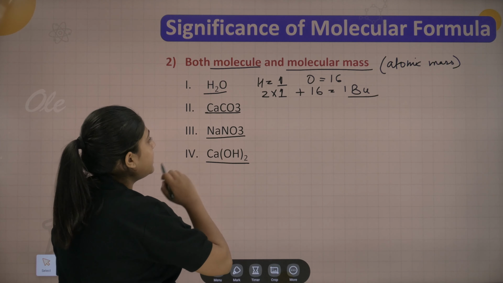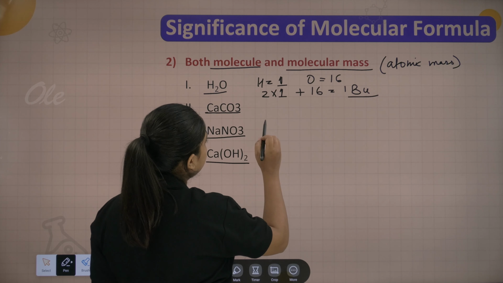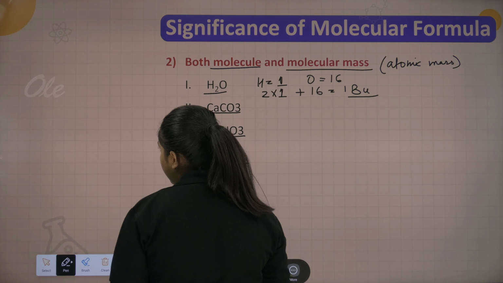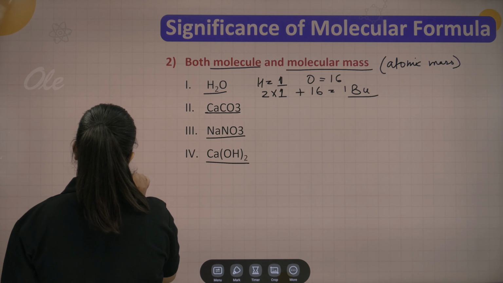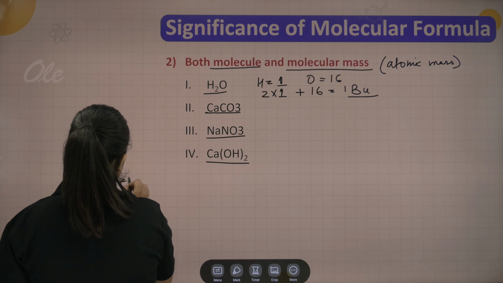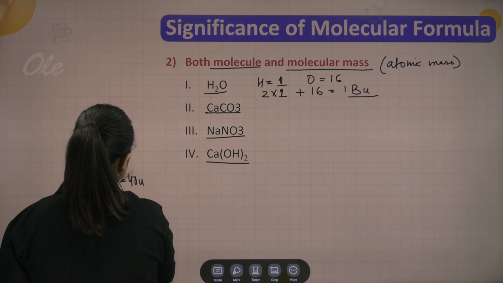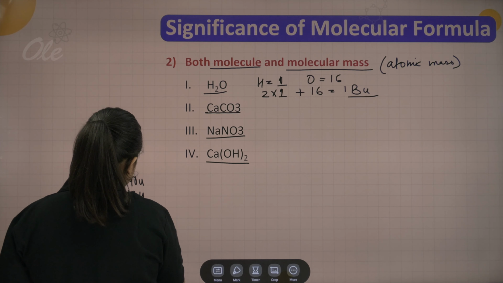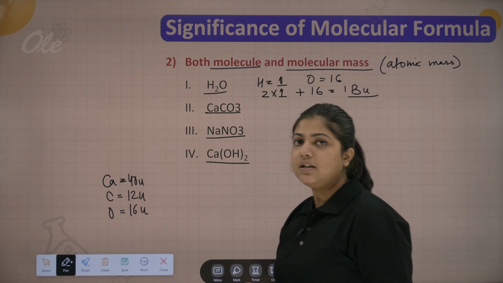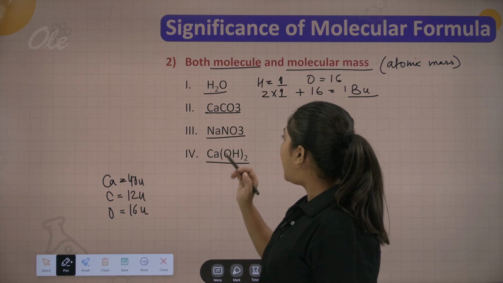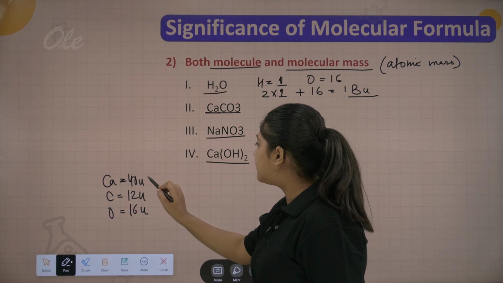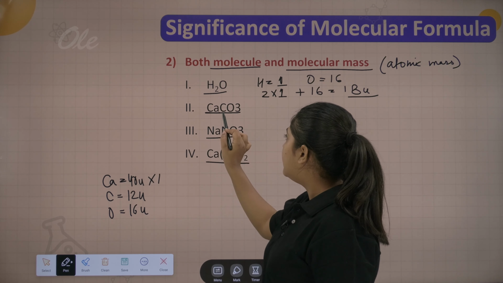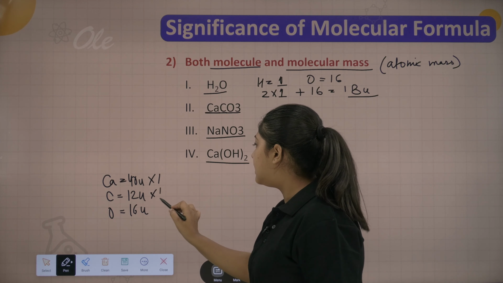If I calculate for calcium carbonate, the atomic mass of calcium, Ca, is 40 U, for carbon it is 12 U, and for oxygen it is 16 U, as you can see here. Now, how many atoms are present? Only one atom of calcium is present, so you will multiply by 1. Here carbon, one atom is present, you will multiply by 1.